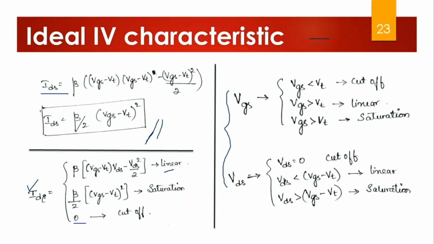And VGS should be greater than VT in both linear and saturation regions, where there is channel formation. Coming to VDS, it should be 0 in cutoff, less than VGS minus VT in linear region, and greater than VGS minus VT in saturation region.